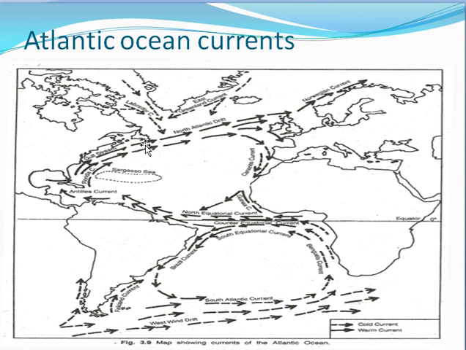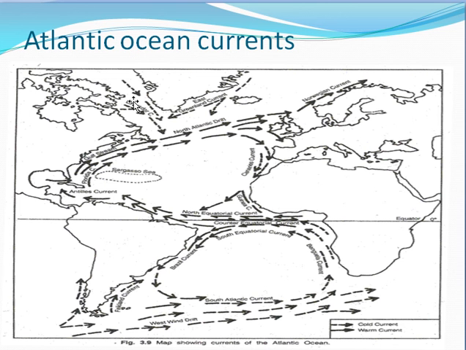This Gulf Stream is a warm current. It is made up of mainly two currents, that is the Florida current and the Antilles current, and after reaching Newfoundland it is joined by the Labrador current.